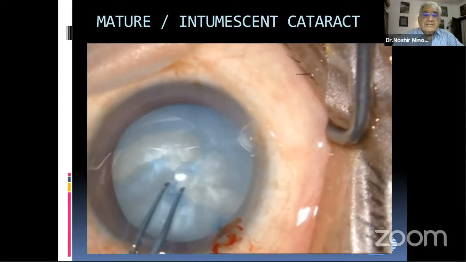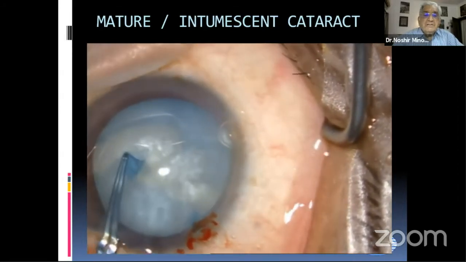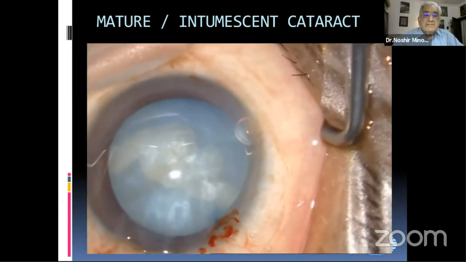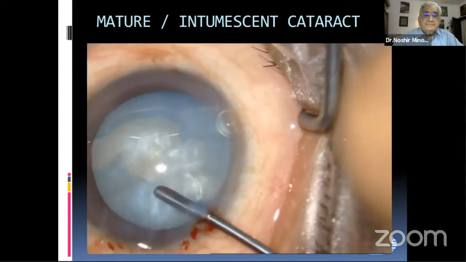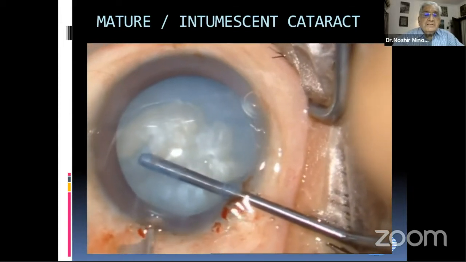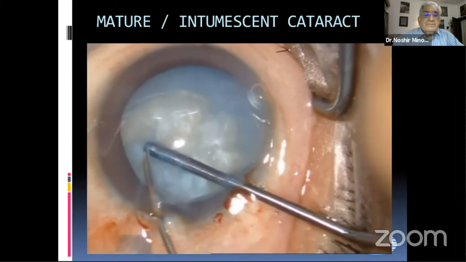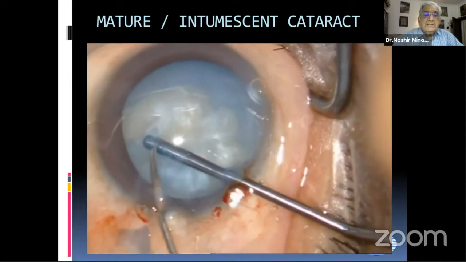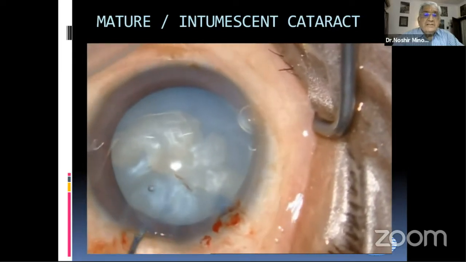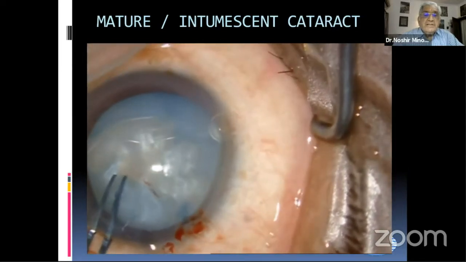Now we are left with this, so we complete this rhexis. Now we don't have adequate space, so we try to create a space to do the phacoemulsification. You got this little tag, which we cut later, but before that, we make a nick in the rhexis with the spatula behind the rhexis and then with the needle.